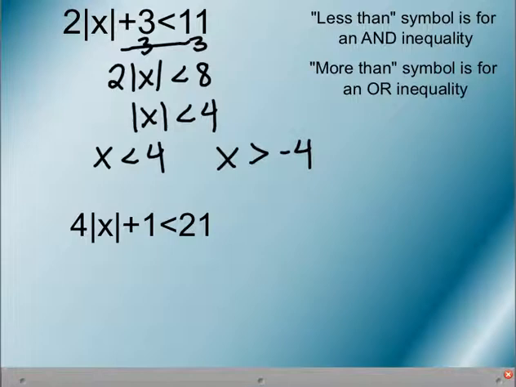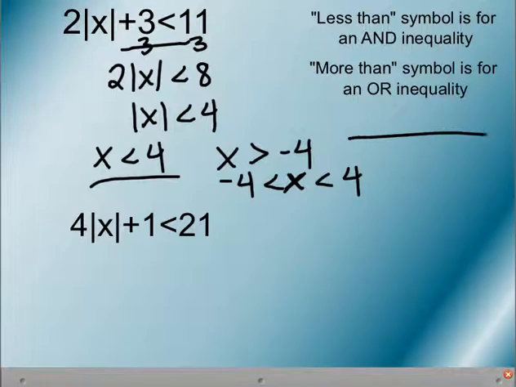I can write it as a compound inequality by switching the second equation around and have negative 4 is less than x. And then I'm going to combine it with the second one here. X is less than 4. Which means if I were to graph this, I have my negative 4 and 4. I have open dots on both of them connected in between.